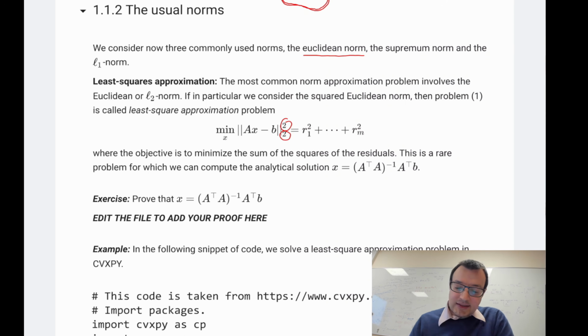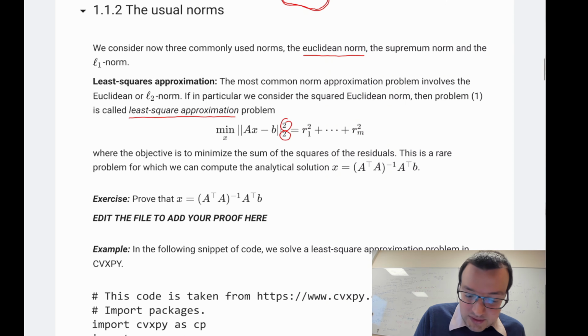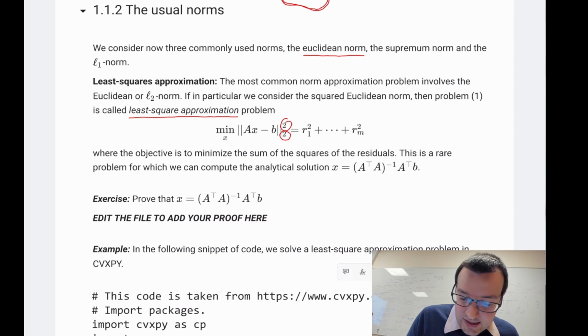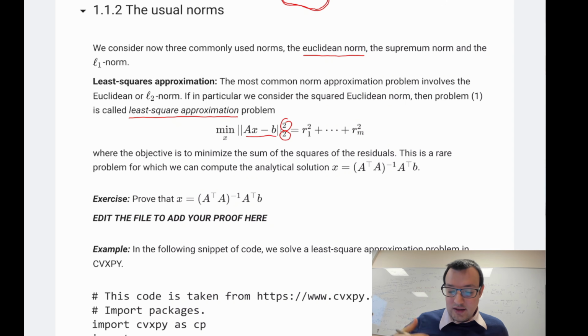This corresponds to what is known as the least squares approximation. It is called like this because Ax minus b are the residuals, and by computing the squared L2 norm, we are computing the sum of the squares of the residuals, and we want to find the least squares approximation of b.